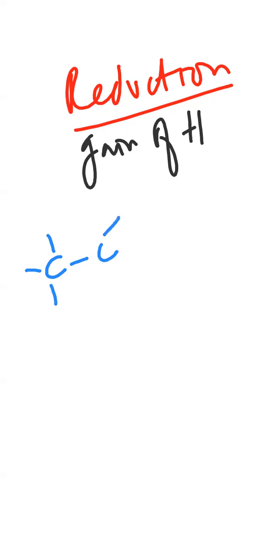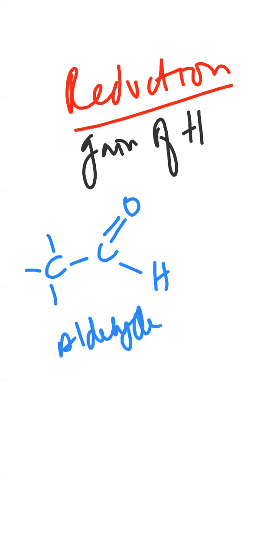This is aldehyde. Plus hydrogen gas means aldehyde is going to gain hydrogen, means aldehyde is going to be reduced. So this is the example of reduction reaction.